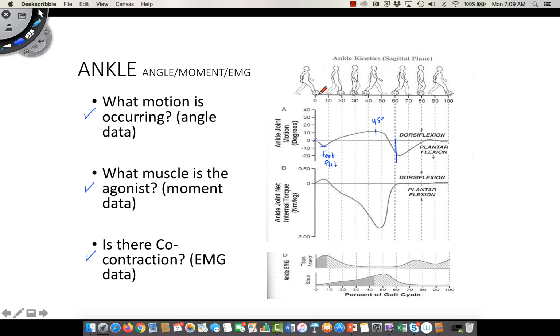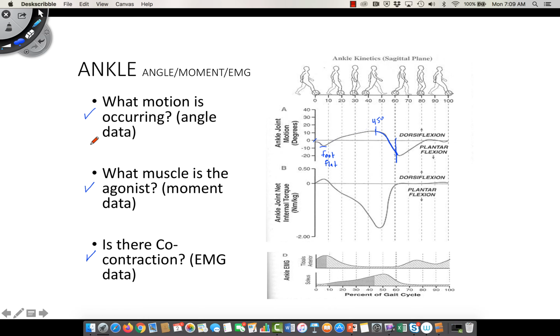The foot is flat on the ground at about 10%, and then the body continues to move over the fixed foot until we get to about 45%, and then the heel's coming off somewhere around here, and then the foot starts plantar flexing rapidly during this last part of the stance phase of walking from 45 to 60%.